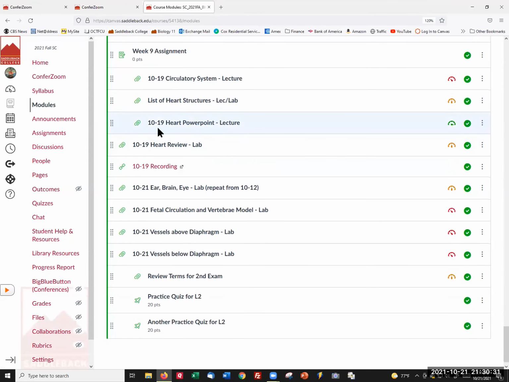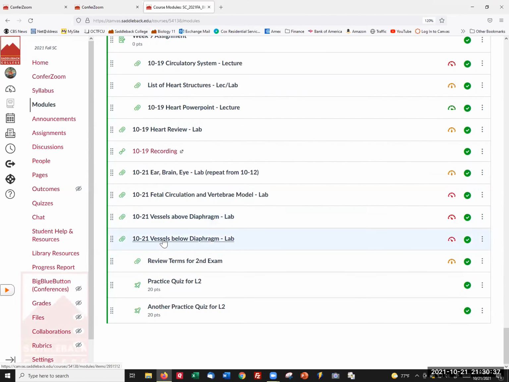It's indented. Okay, and then that's all the material, but there are some review terms for the second exam, indented, another practice quiz, indented, and another practice quiz that weren't there on Tuesday. I put them in there.